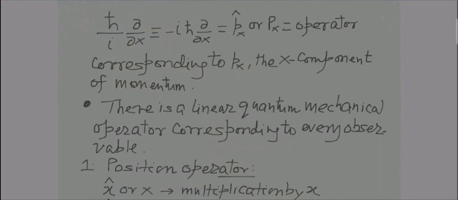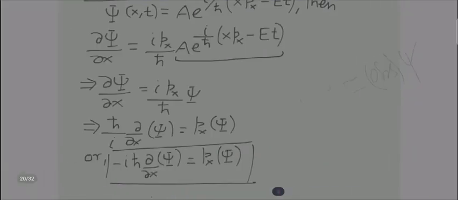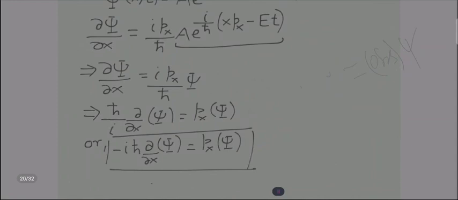The observable which we are getting is linear momentum along the x direction. So the corresponding quantum mechanical operator will also be called the linear momentum operator in x direction.